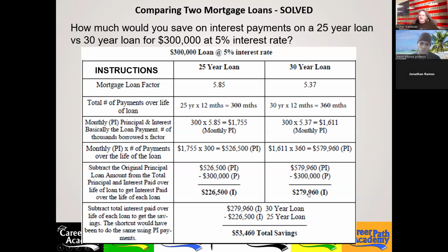So $279,960 in interest payments to borrow $300,000 at a 5% interest. I wonder why the lenders are always lending money. Yeah, I want to be a lender. That's right. Yeah, you got that right. Buy houses like that, you're already a millionaire.